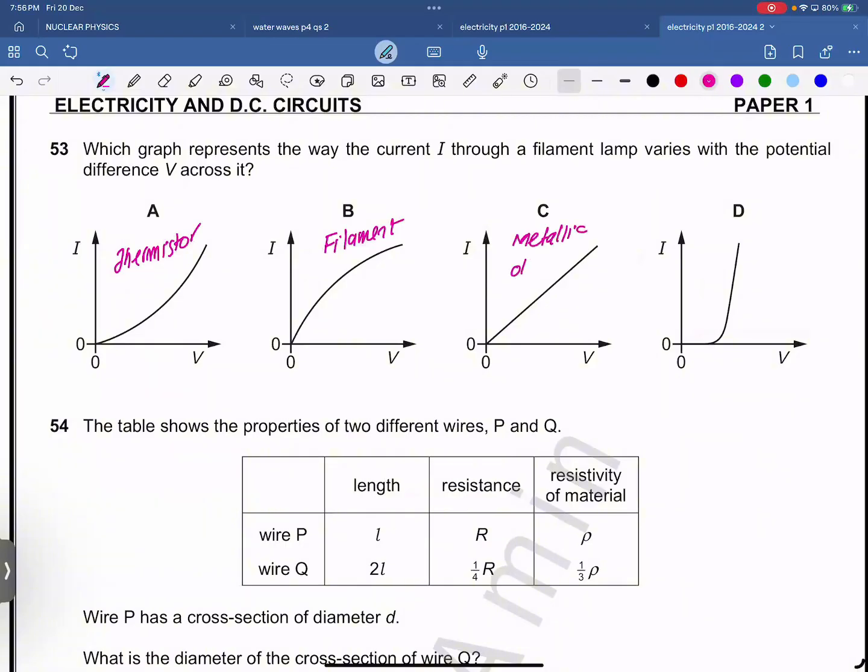It is also called ohmic. Having an intercept is called a semiconductor diode. The previous question which we did, all were VI graphs. These are all IV graphs. So now you understand? Sure? My dear, today at the end of these 64 questions, you will not have anything left in electricity.